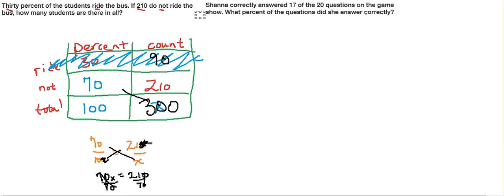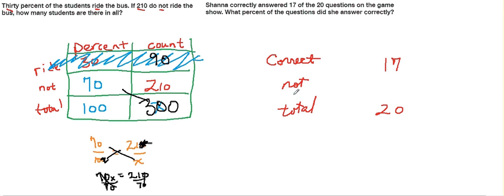Shanna correctly answered 17 out of 20 questions on the game show. Oops, 20 total. Correct. Not correct. Total, right? And this is the percent, this is the count.